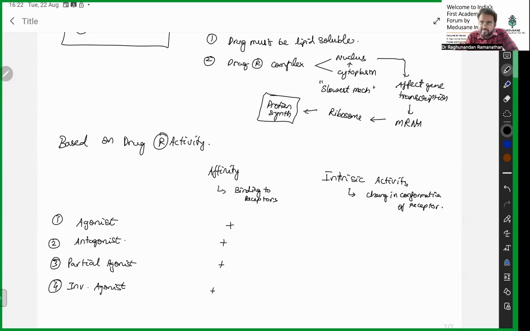If you use the original key on the lock, 100% it will open. Either the key must be wrong, or the key must be correct. Only two options. If the key is correct, there is going to be action. If the key is wrong, will there be action? No, so we can say zero action. But when the lock opens, it may open easily or with some difficulty, but ultimately the lock is going to open.